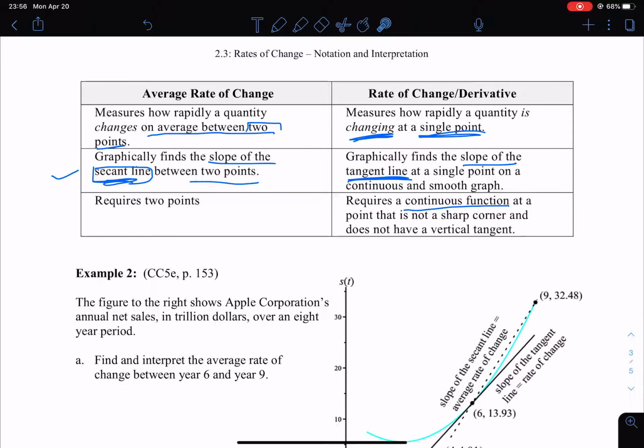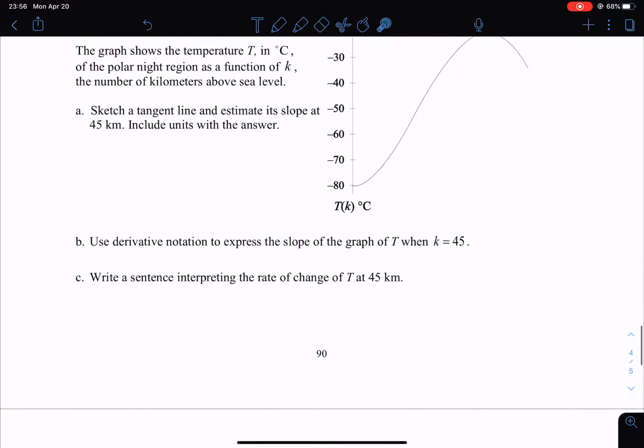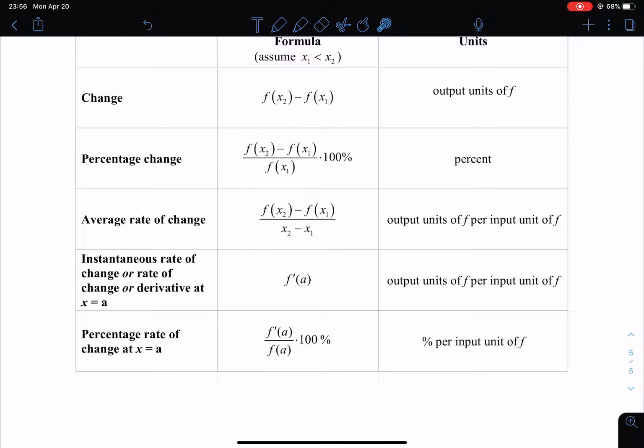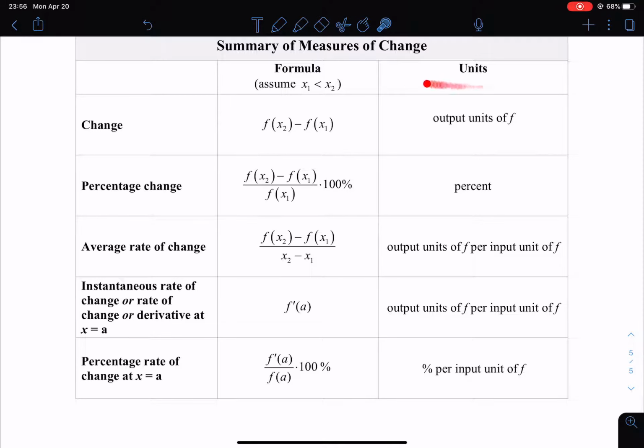So let's see an example. Alright, so first, the left side of page 91 of section 2.3. Make sure you memorize all the formulas. The first one, the change, percentage change, average rate of change. The first three formulas are used for an interval, and the last two are used for a single point. And the unit is just the output unit.